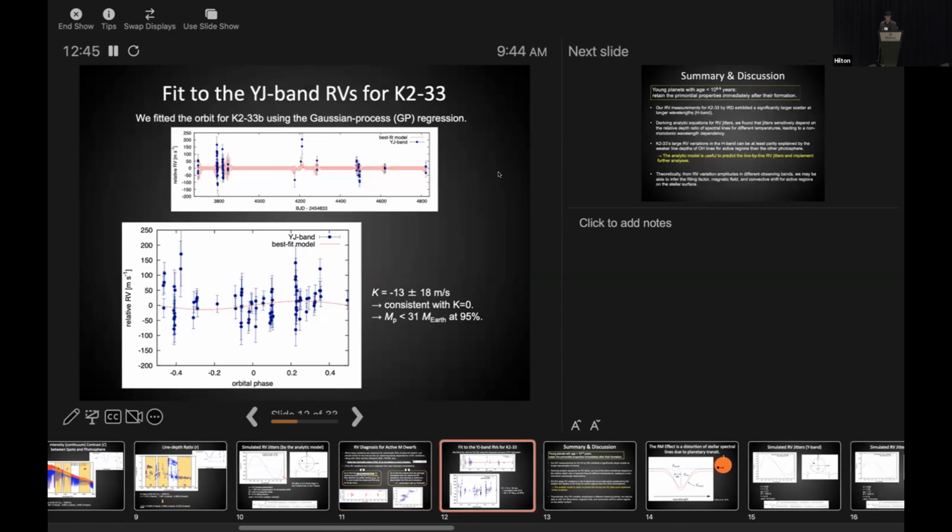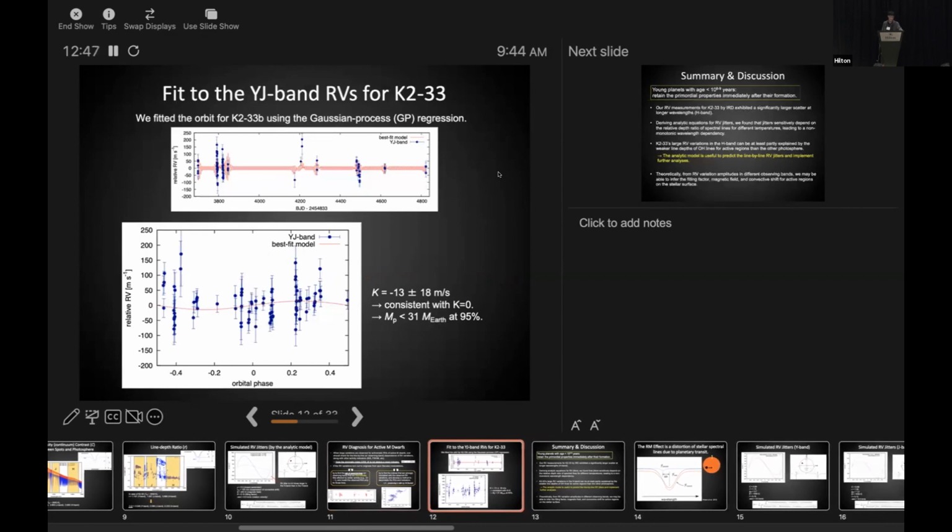Well, this is the last slide. This is the LV fit to K233. We actually took the easier way. We didn't try to intensively analyze the activity indicators, but we simply tried to analyze the YJ band LVs for K233 and extract information as accurately as possible.